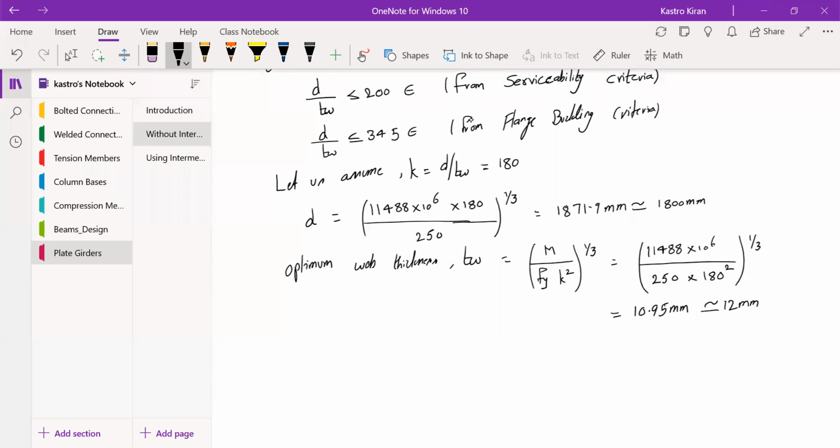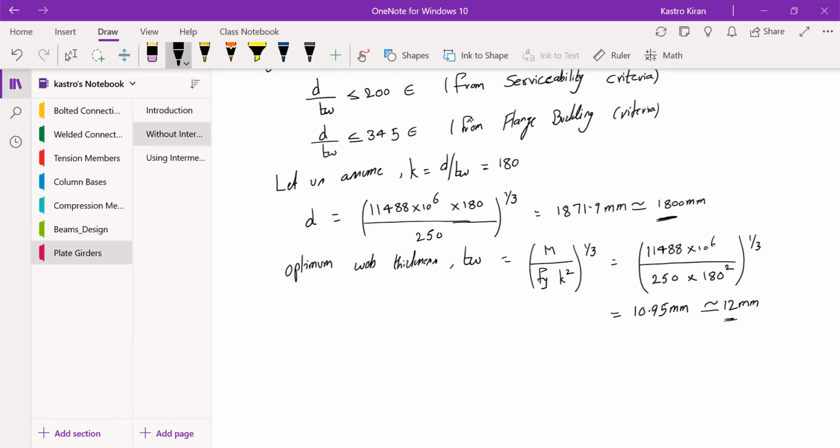The reason I am going to 12 mm instead of 11 mm is, one, you should always select even numbers, and the other primary reason is, since you are not providing intermediate transverse stiffeners, you can decrease the depth of the web, which I have done, and you can increase the thickness of the web. Remember this condition.